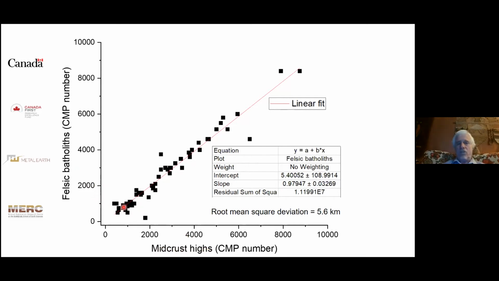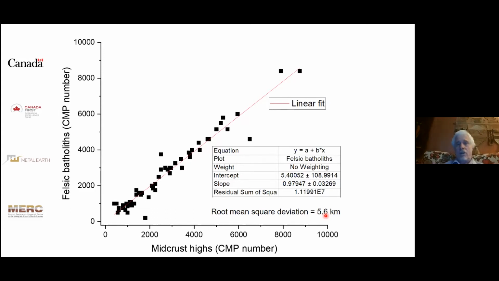And when I find the locations of the mid-crust highs and the closest associated felsic batholiths, I get something that does look pretty much like it's plodding along a straight line, and the scatter is not too bad. The root mean square deviation is about 5 kilometers or so, which is roughly the uncertainty that I have in where I pick the mid-crust highs and the mid-crust structures, and also the felsic batholiths and the deviations that might occur from a geological context.